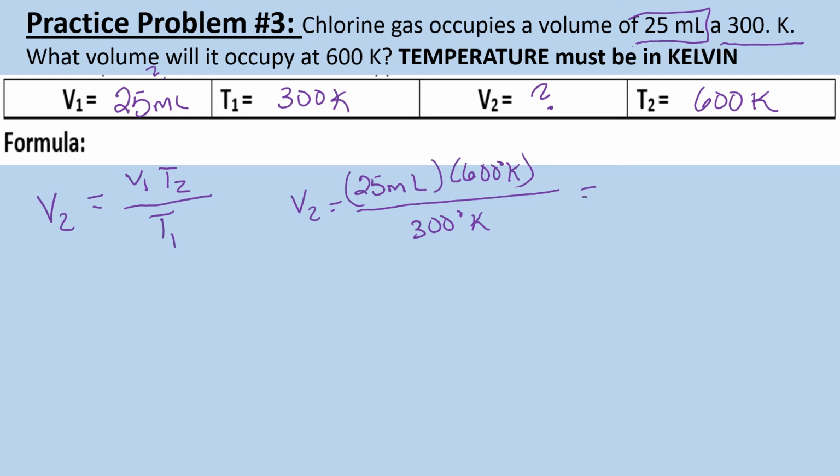And so our answer should be 50 mils. And we plug that into a calculator, 50 milliliters. So our V2 is equal to 50 milliliters.